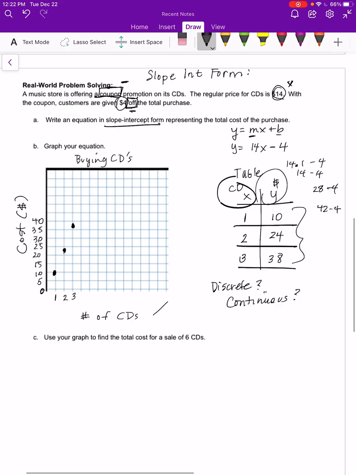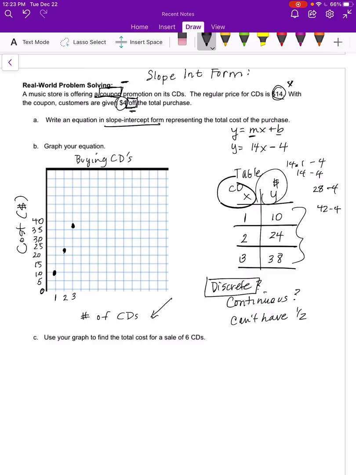So you go off the x-axis and you have to ask yourself, can you have partial things like 1.5? Does 1.5 make sense? Can you have 1.5 CDs? Can you have 2 3/4 CDs? No, you're not going to have a half a CD. You're not going to have 3/4 of a CD. So this is what we refer to as discrete. So you can't have a half.